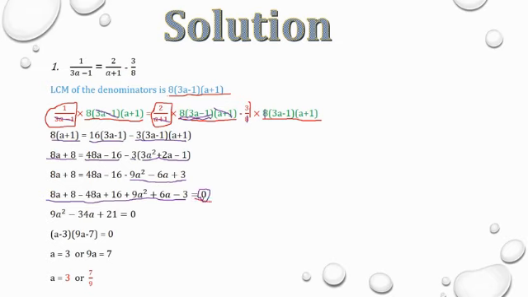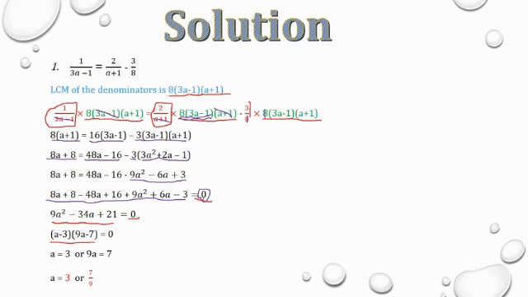Okay, so if we simplify the elements on the left hand side, we get 9a squared minus 34a plus 24 being equal to 0. So this is now a quadratic expression. We then factorize it to get (a minus 3)(9a minus 7) being equal to 0. Then we equate each individual factor to 0.